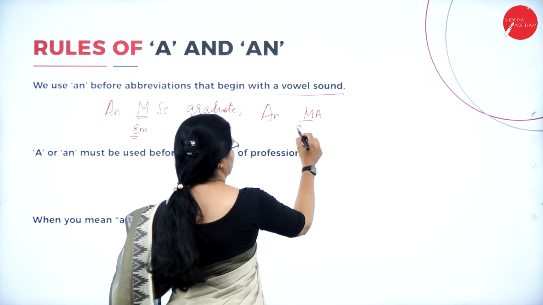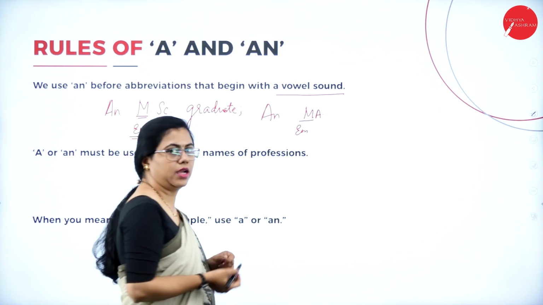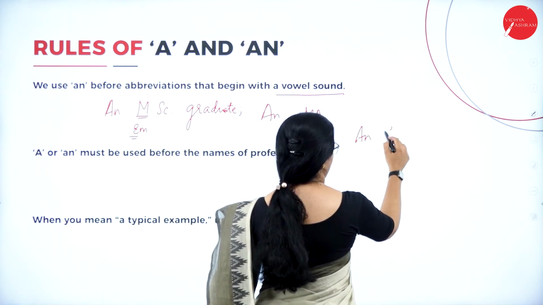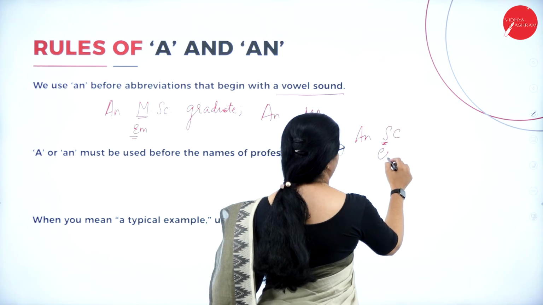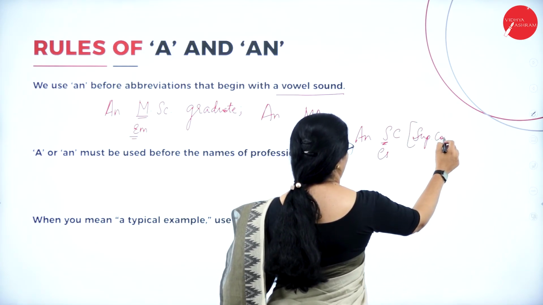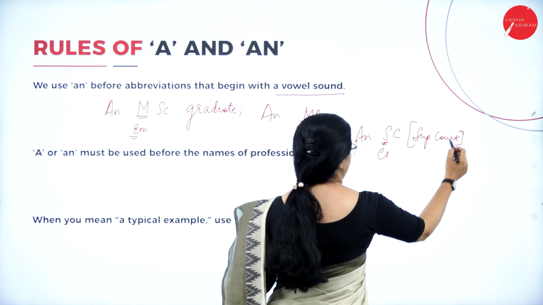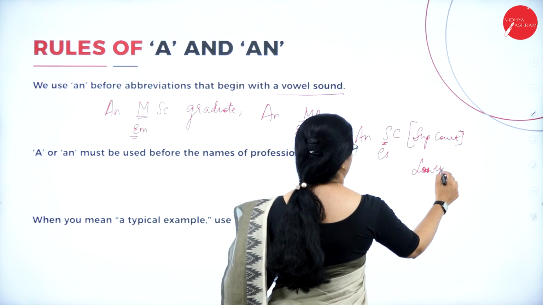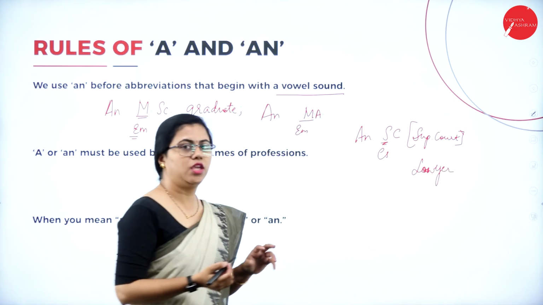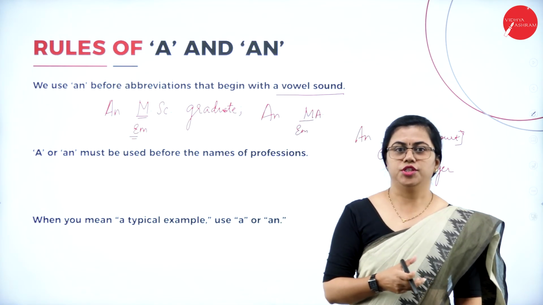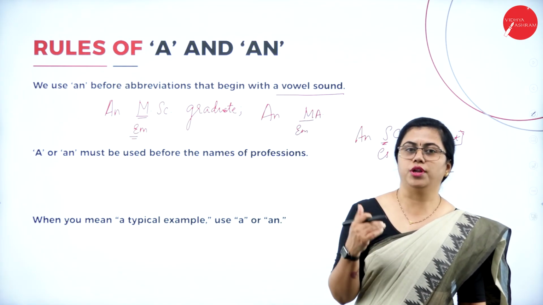Here again M is pronounced as M. Or maybe an SC. So here you say S and C. This means Supreme Court. And an SC lawyer you can say. So this way you have to use an whenever you are using abbreviations that begin with a vowel sound.